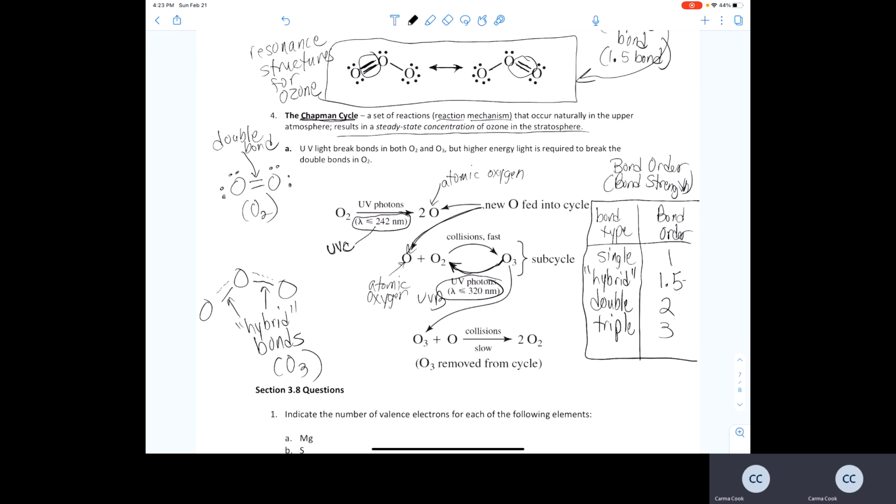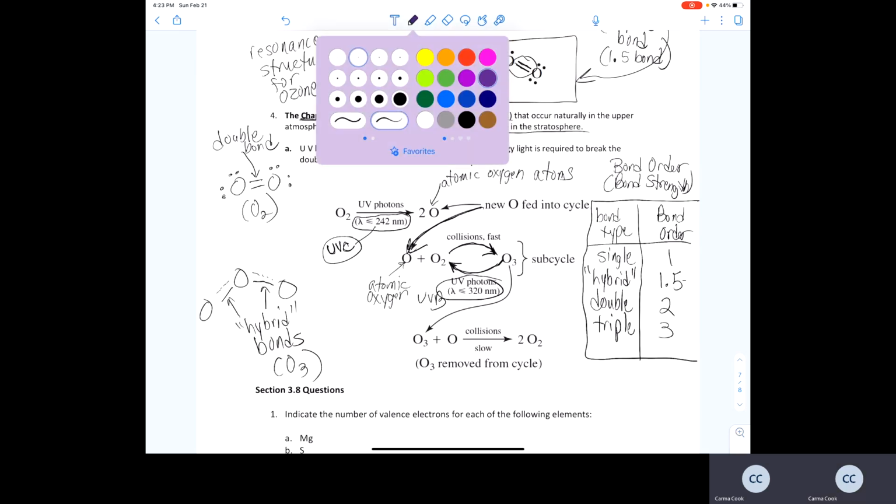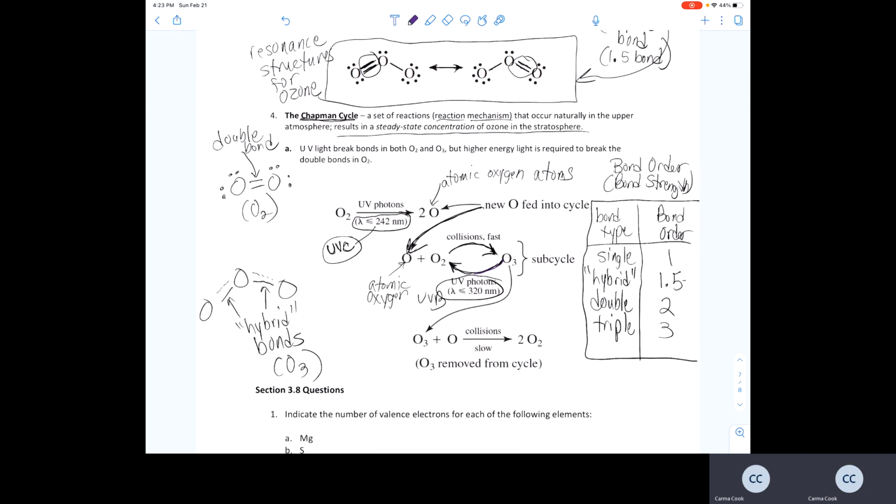So once oxygen's double bond gets broken by UVC radiation, you get your 2 atomic oxygen atoms. And they get fed into the Chapman cycle by reacting with oxygen, and it collides and reacts fast with oxygen to form ozone. And then the ozone can break down into oxygen and atomic oxygen, O2 and atomic oxygen.